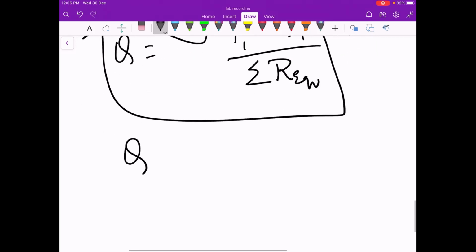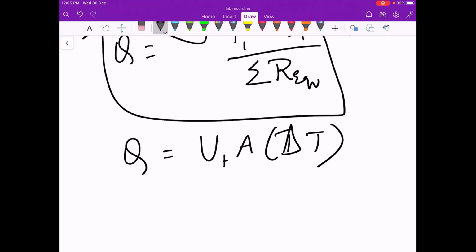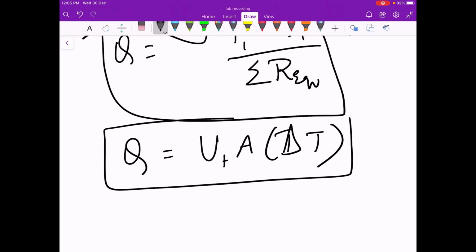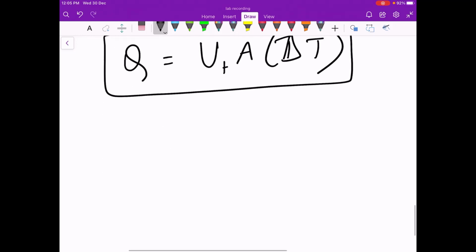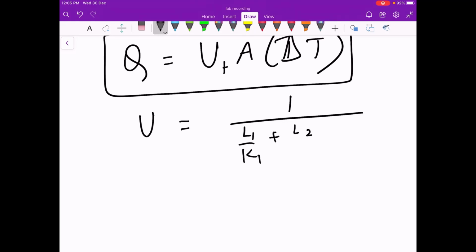In another form you can write Q is equal to U times area times delta T. So this is how you will find it. Where U is nothing but equal to 1 divided by L1 by K1 plus L2 by K2 plus L3 by K3.